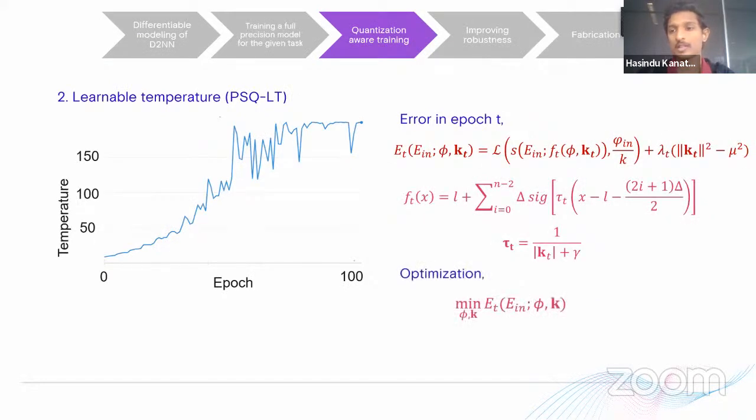The hyperparameters specific to this case are mu, and also gamma plays a role, because it puts a cap on where the temperature can go, and also the way that we increase lambda. We used several different methods to increase this.